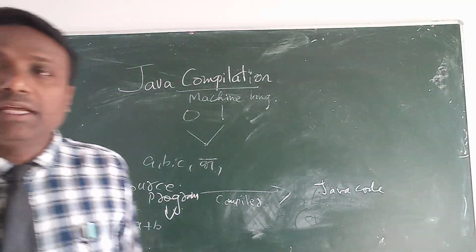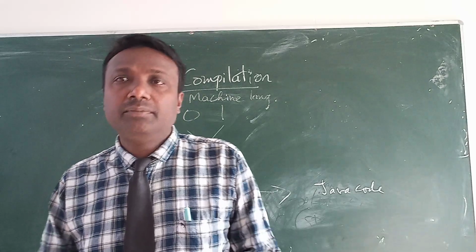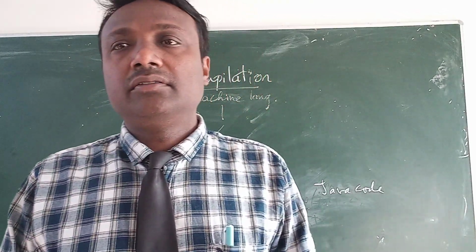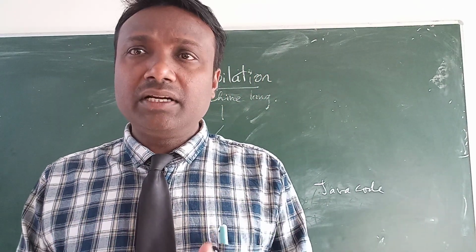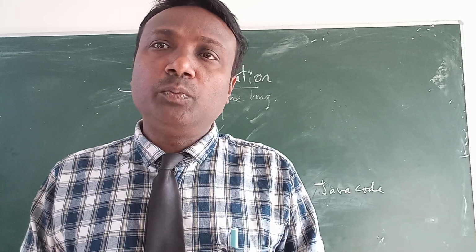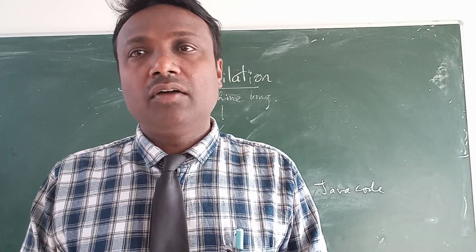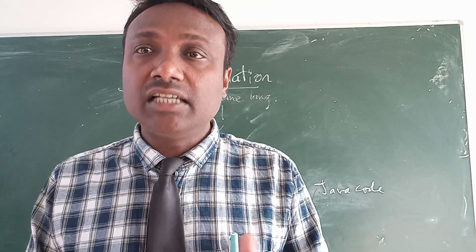Now, x is equal to a plus b is not identifiable by the computer. So this code needs to be converted into binary digits. So we need a compiler. It is like a translator.